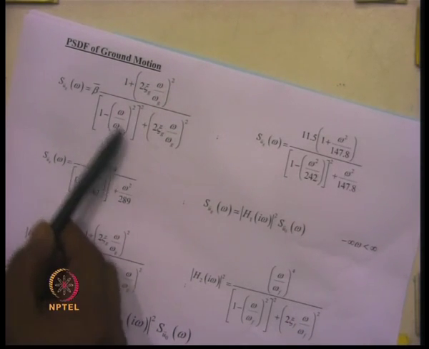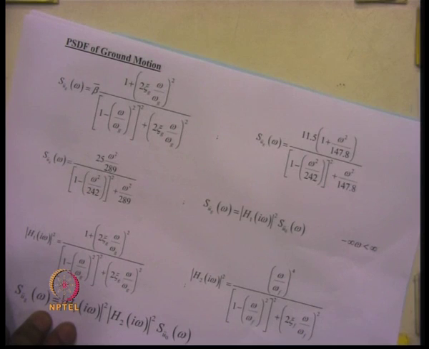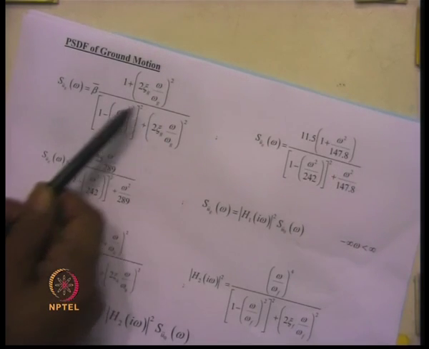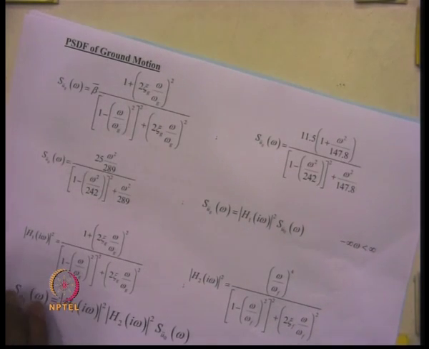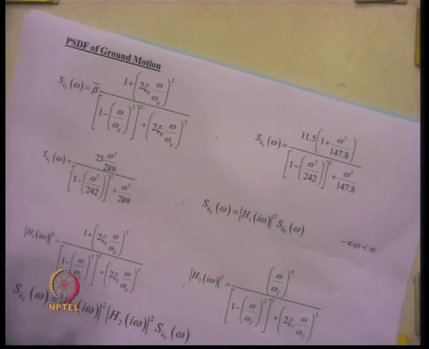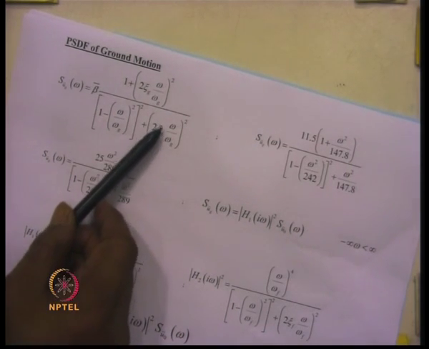Omega g is the predominant frequency of the ground through which the seismic waves pass from the rock bed to the surface. So, for that soil medium one can find out the predominant frequency of that ground, and xi g is again the damping associated with the soil.